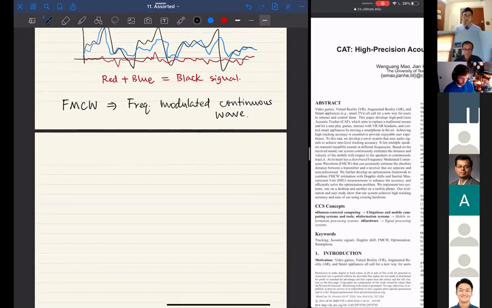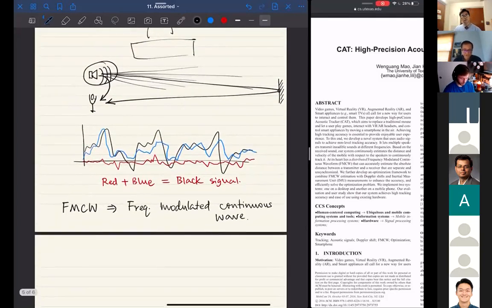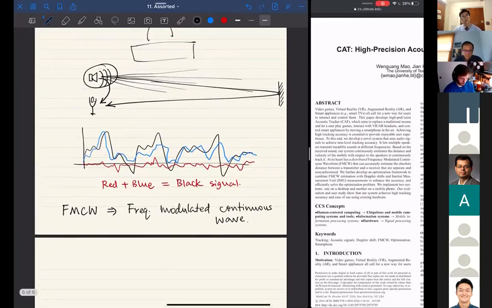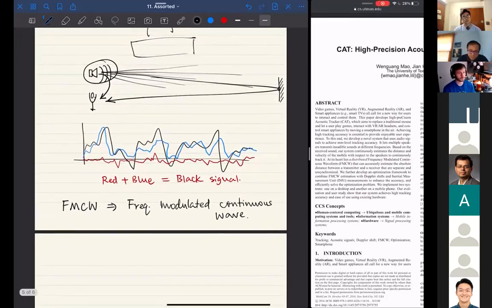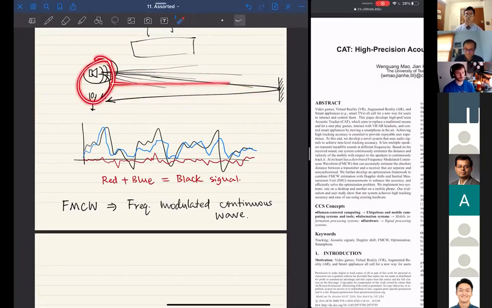This is the basic idea that I'm going to draw soon. All they want is to compute the time it took for the signal to reflect off this object and come back. They want to know that time, because if I know the time, I can estimate distance from this device to this reflector. You agree? If I know time, I can get distance.